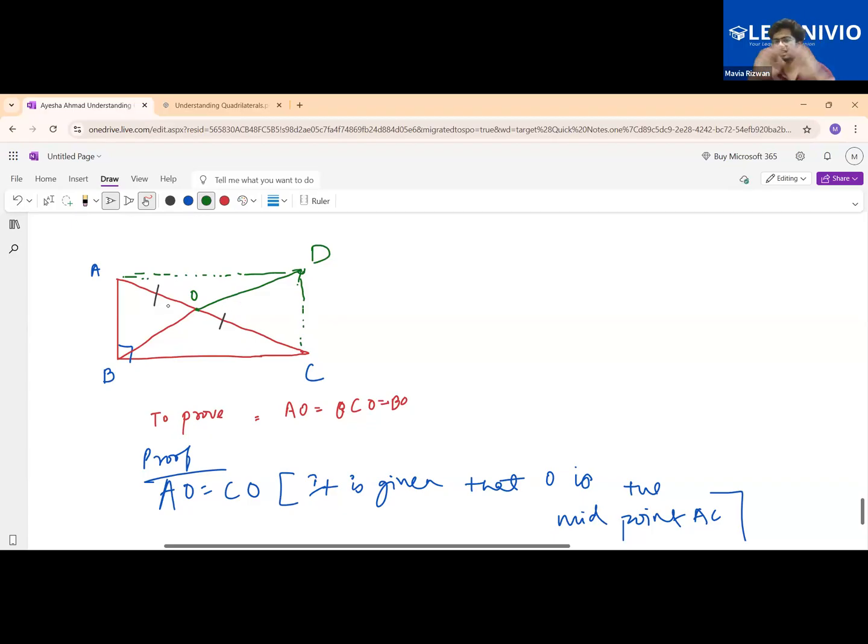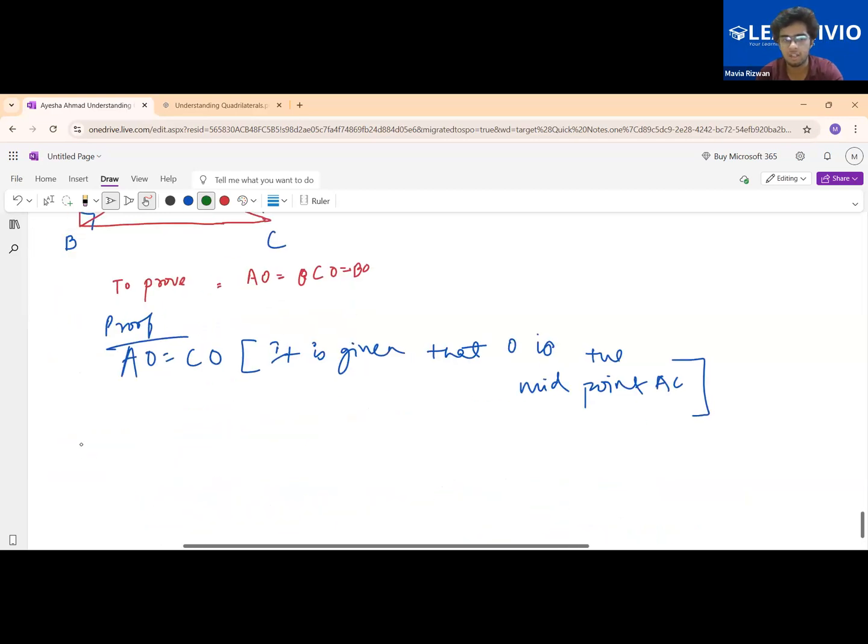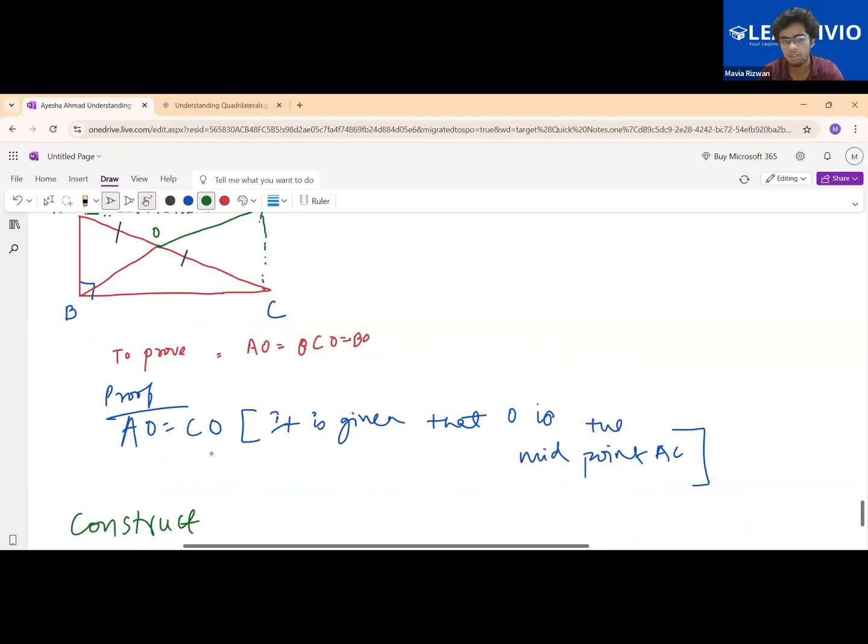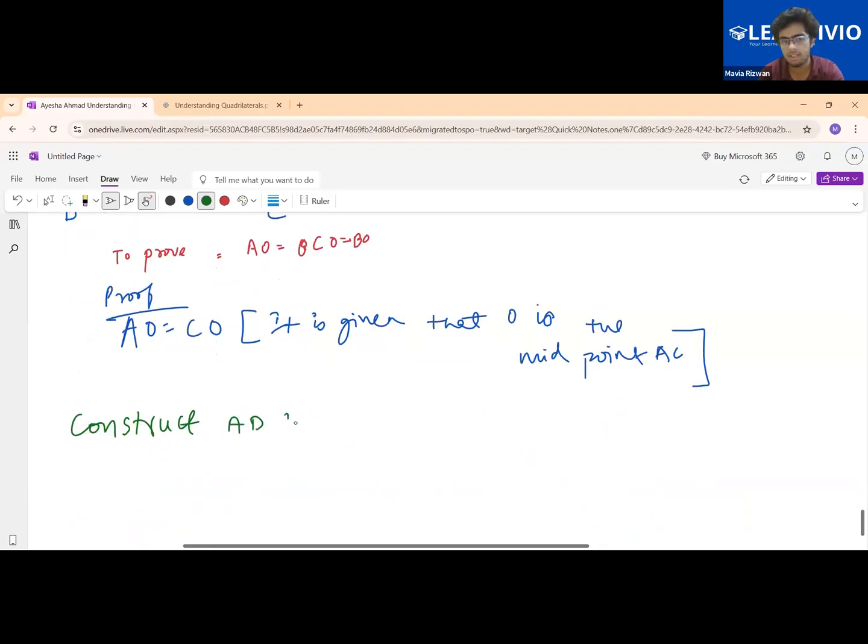So I'm going to increase the sides and construct such that this makes a rectangle. Okay, Aisha, I have constructed something. Now we'll write: construct AD and CD such that ABCD is a rectangle. Okay, we have constructed a rectangle.